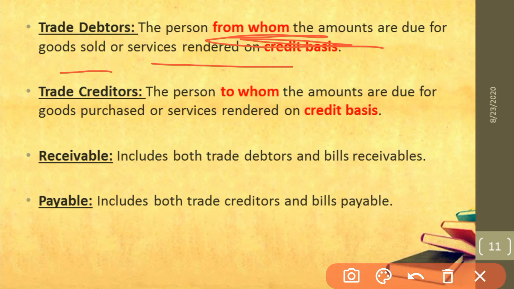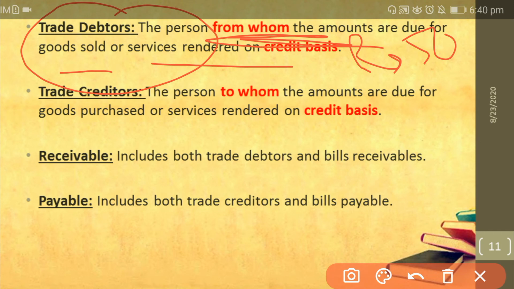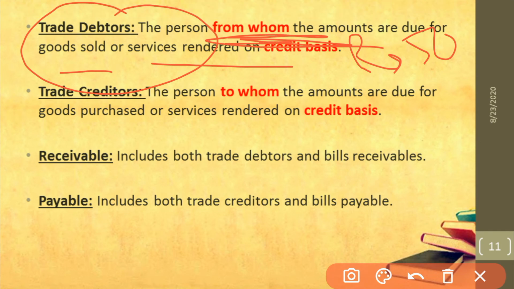Total amount that was due was rupees 50. So Mr. X is my debtor because he is supposed to pay me, from whom I have to receive the amount. Receiving the due amount, he is known as my trade debtor.